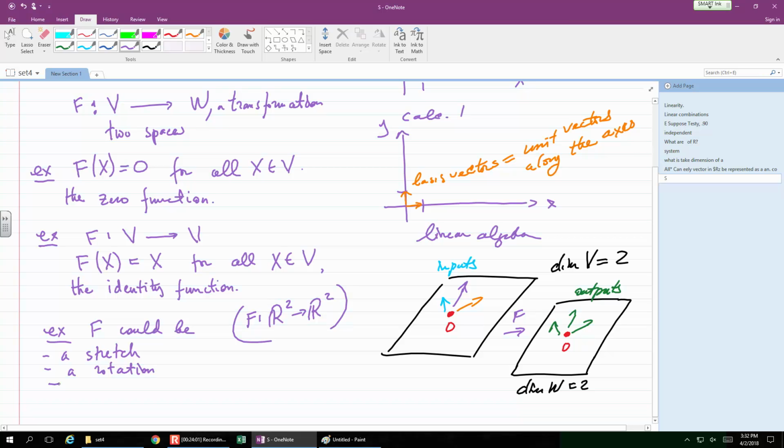Remember the third? One more transformation that doesn't fit the list. Stretch, rotation, and, no, shrink is stretch. What? No, shift. Generally speaking, yes, you can shift.